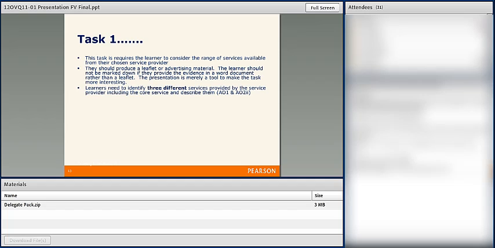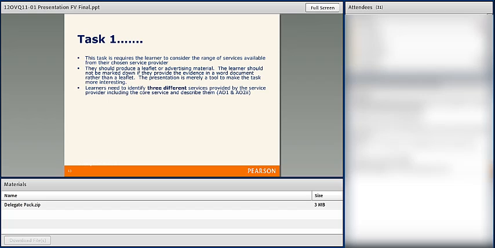So the first part of the task then, bullet point 1, learners need to identify 3 different services provided by the service provider, including the core service, and then they need to describe them. Identifying 3 different services and describing them will provide evidence for AO1, because they are showing their knowledge and understanding.